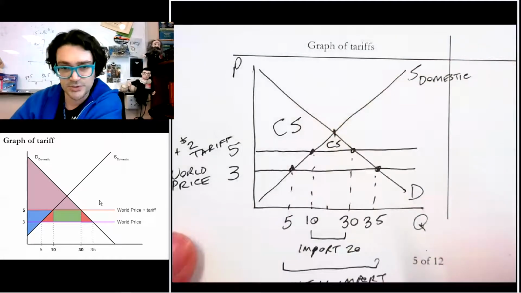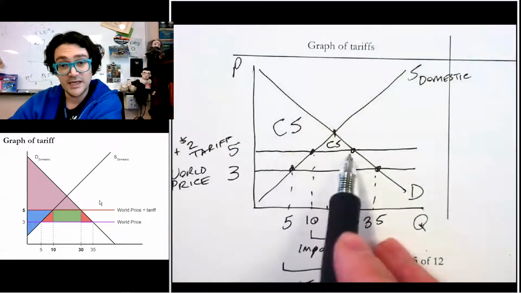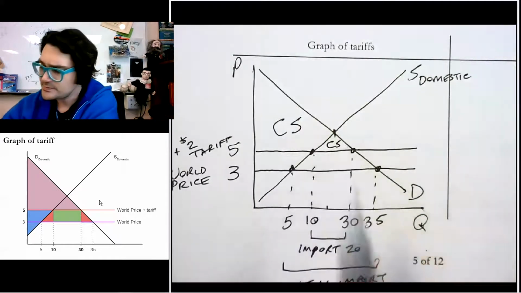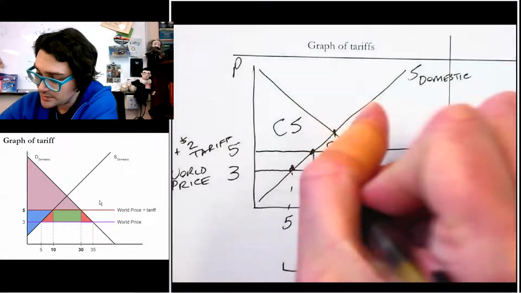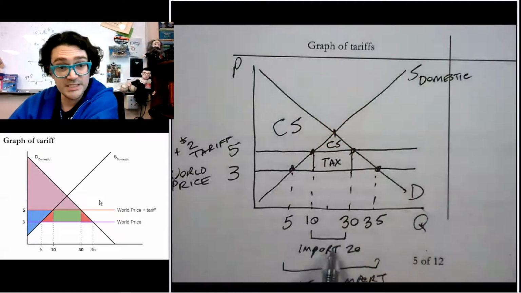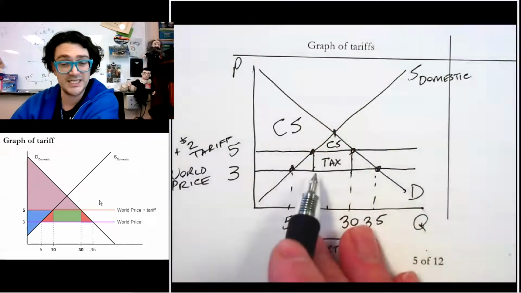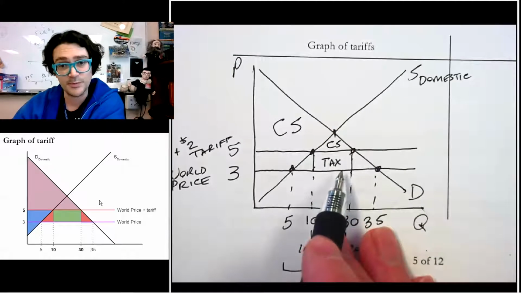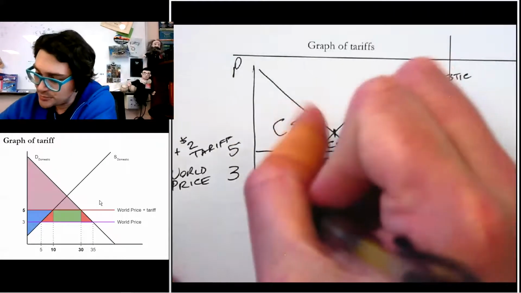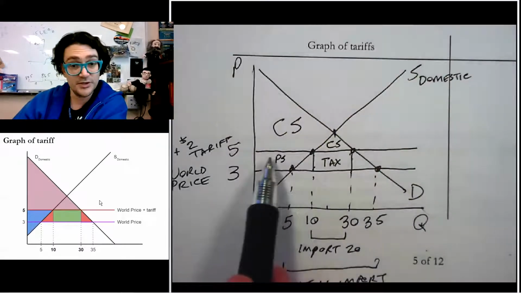That's still consumer surplus because this is the price they're paying, which is 5, and they're up to the demand curve. This box in the middle is tax revenue because they're importing 20 units, and the tax is 2, so that box represents the amount of tariff tax that gets generated for the government. This amount is producer surplus, and now this amount is 2. So the producers are a little bit happier, right?